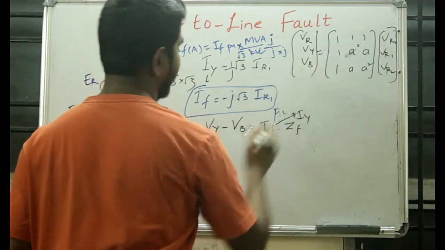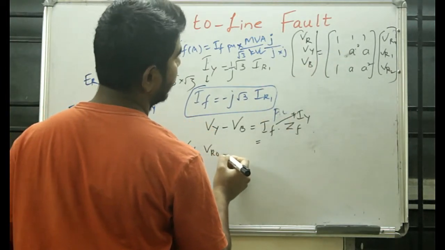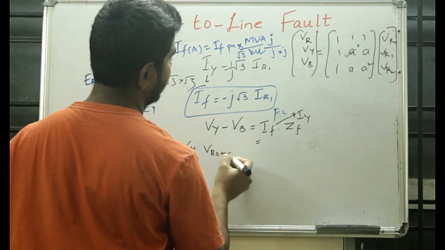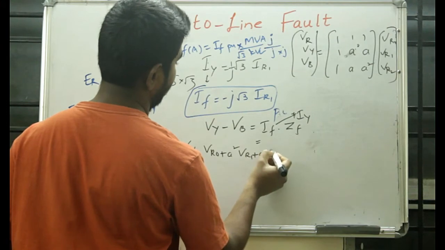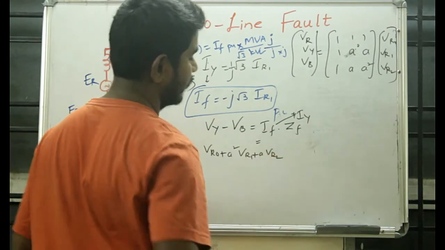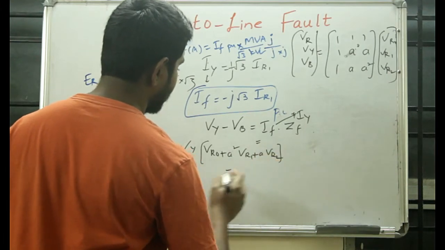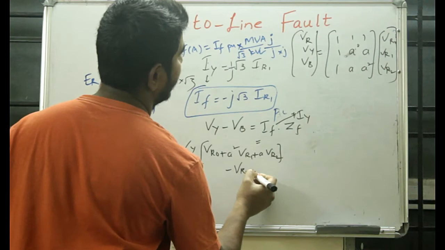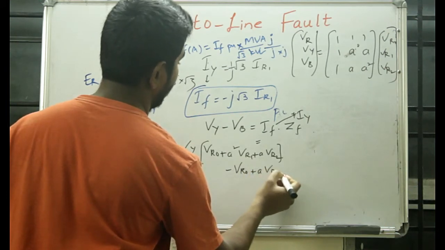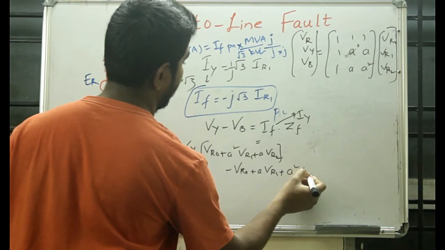Your Vy can be written simply as V R0 plus a square into V R1 plus a into V R2, right? Now, this is your Vy; Vb is nothing but V R0 plus a into V R1 plus a square into V R2.